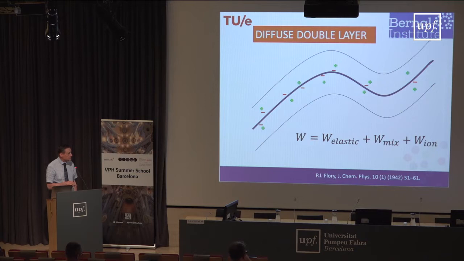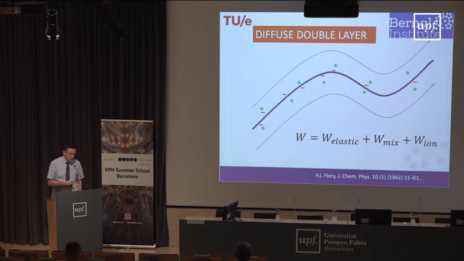One is elastic free energy, the second is mixing free energy, and 3 is the ionic free energy. Ionic free energy is the one which is responsible for Donnan osmosis. Many people working in cartilage and disc know they work with Donnan osmosis. So this free energy of ions is very, very important.